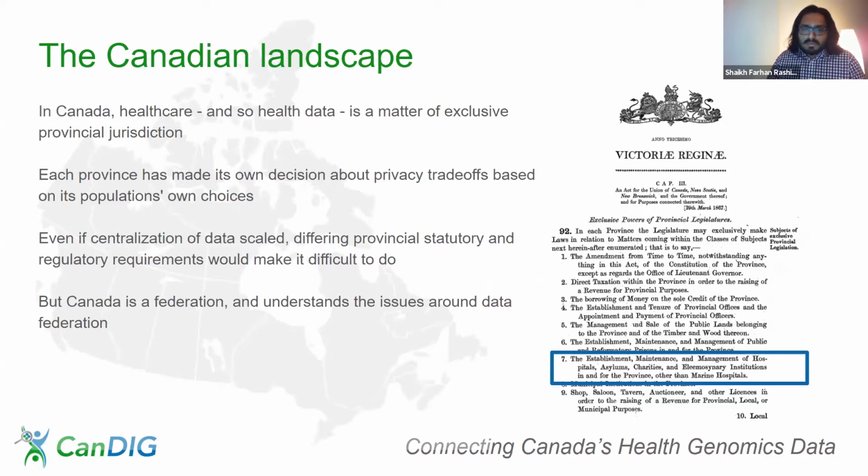Each province has made its own decision about privacy trade-offs based on its population's own choices, and that has real-world impacts on the ability for healthcare researchers in Canada to be able to access data outside of the jurisdiction of the province in which they reside.